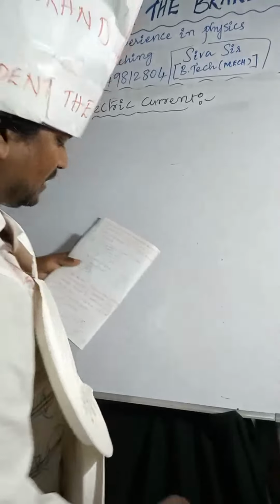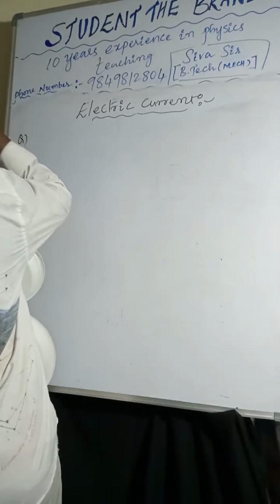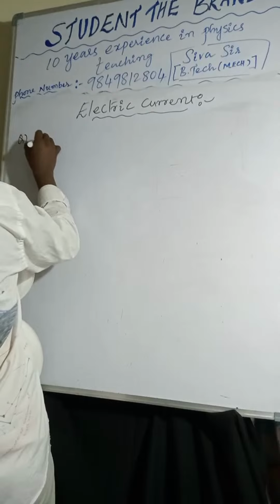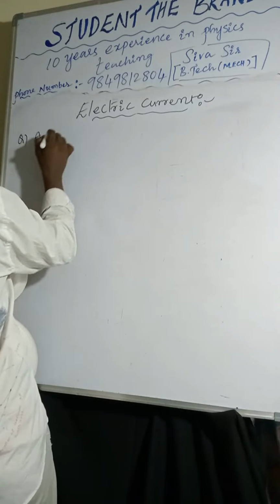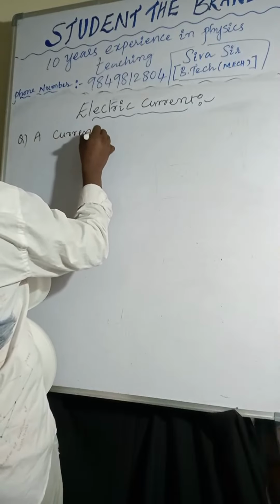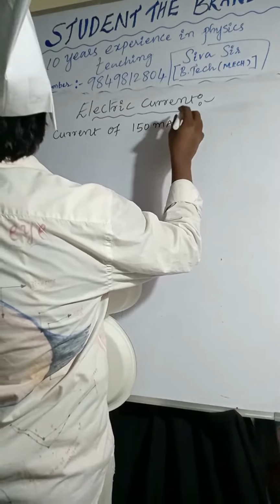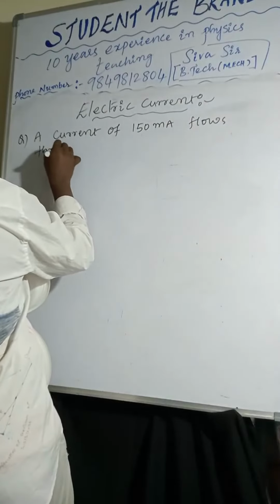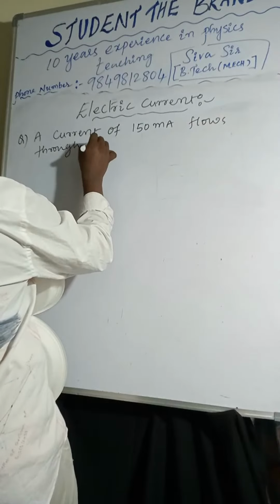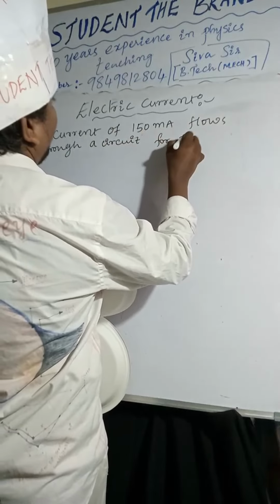Here you can see a circuit question. A current of 150 milliampere flows through a circuit for 2 minutes.